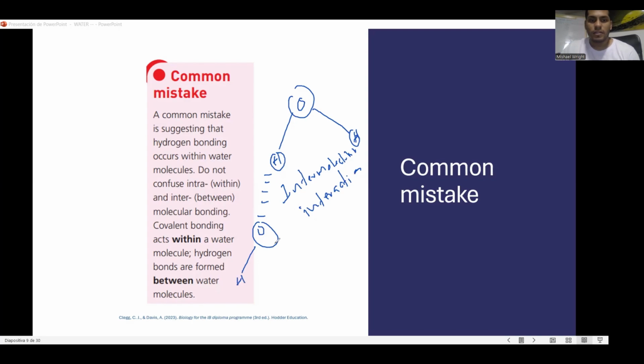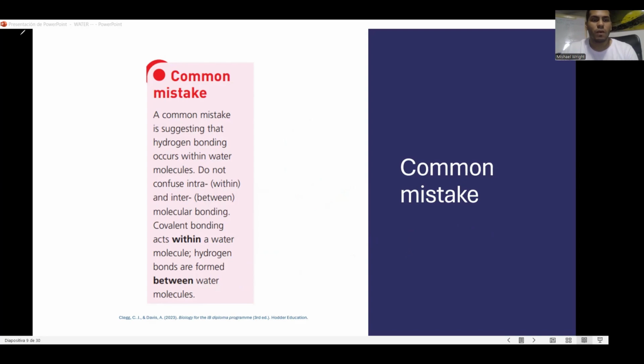And it's not given inside, because there is another molecular interaction that is called intramolecular. Intra is different to inter. And inter means between. Okay? So really important to comprehend that hydrogen bonds are formed between water molecules, right? So do not confuse intra with inter.